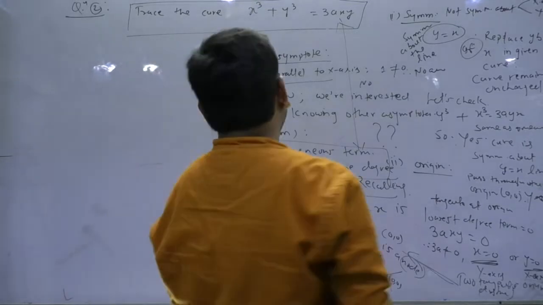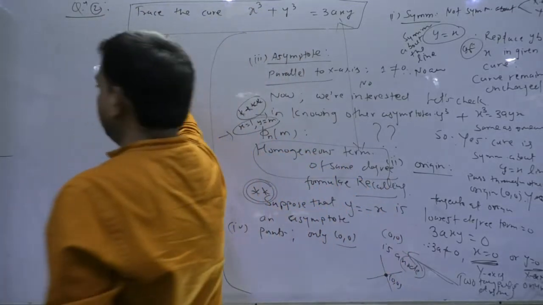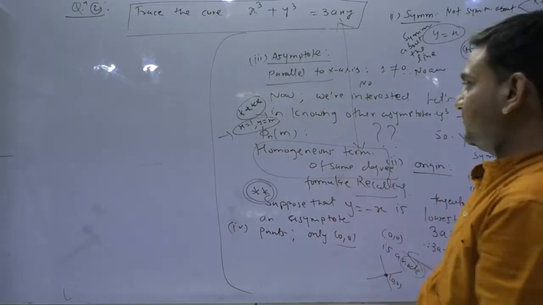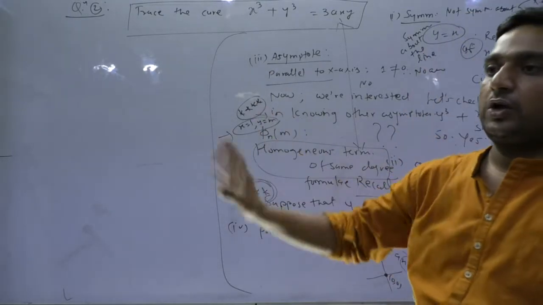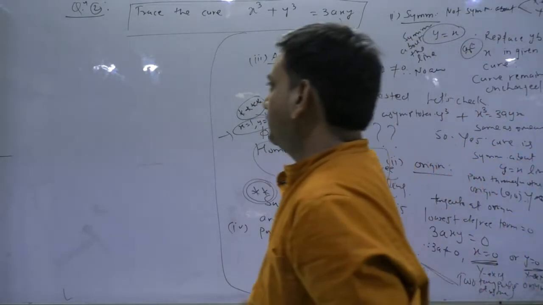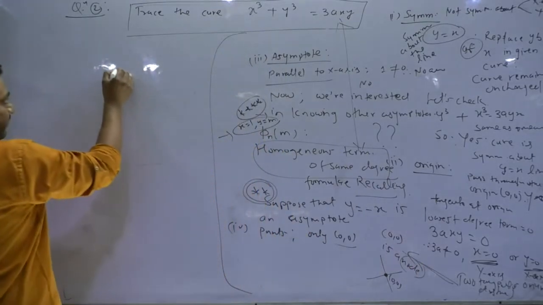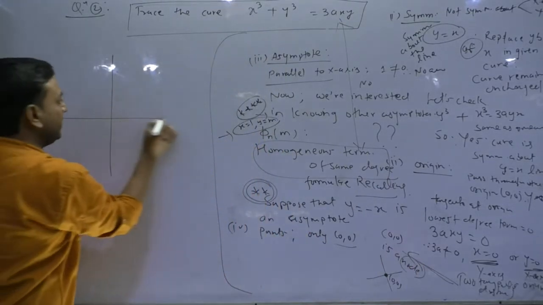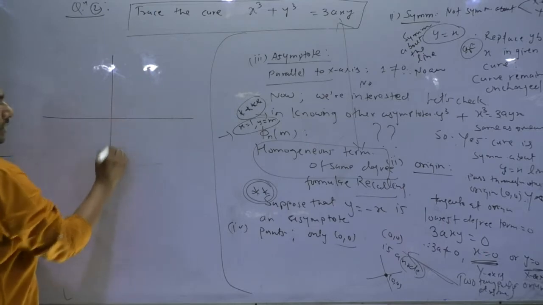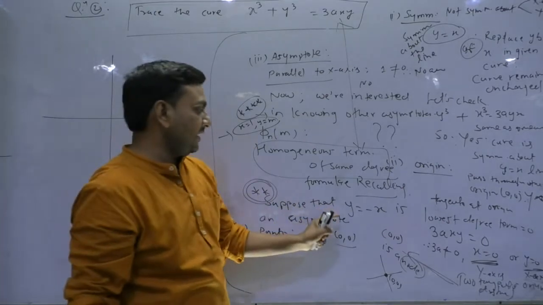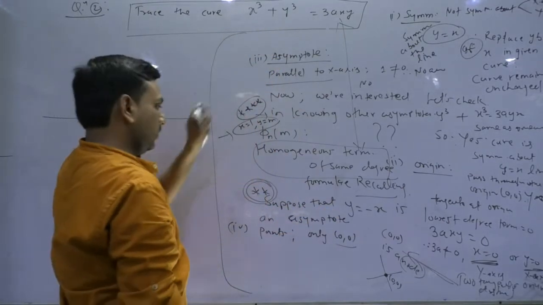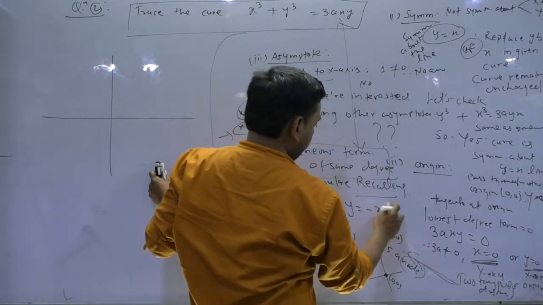No. Now let's draw. Let's sketch. Let's use this information to draw the curve. अब क्या बस आसान है. क्या करना है मेरे बच्चे? अब अच्छा y equals to minus x. I think एक constant term भी आपको यहाँ पर मिलेगा.